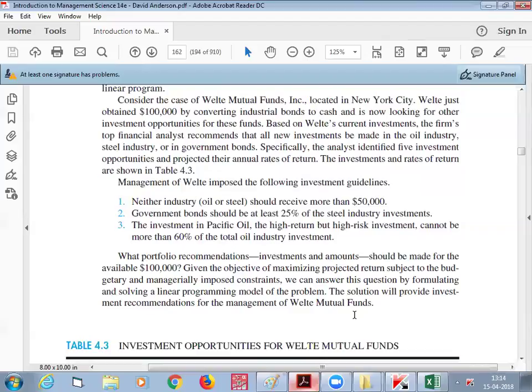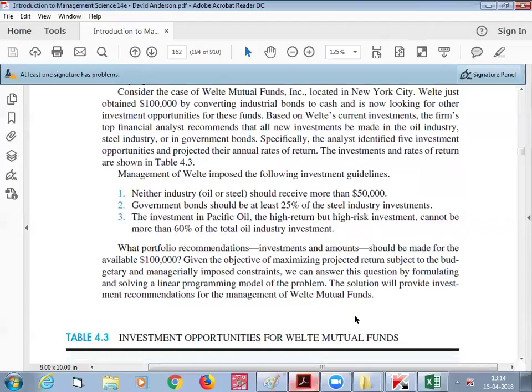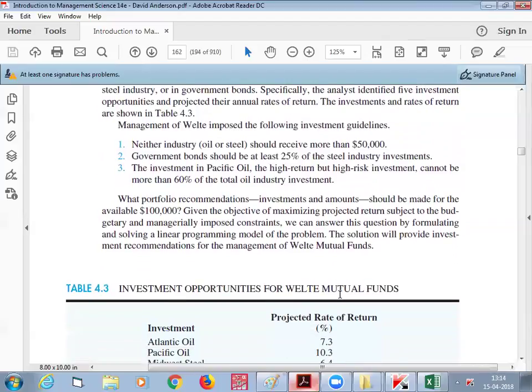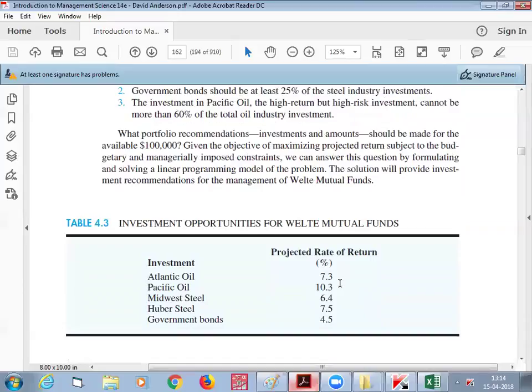Specifically, the analyst identified 5 investment opportunities and projected their annual rates of return. The investments and rates of return are shown as below. So, there are 2 oil investments, Atlantic Oil, Pacific Oil, giving 7.3%, 10.3% return. Then 2 steel, that is Midwest Steel and Huber Steel, giving 6.4 and 7.4, and government bonds, which give 4.5%.